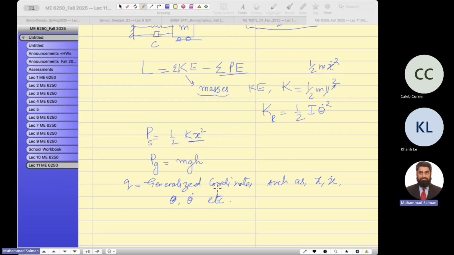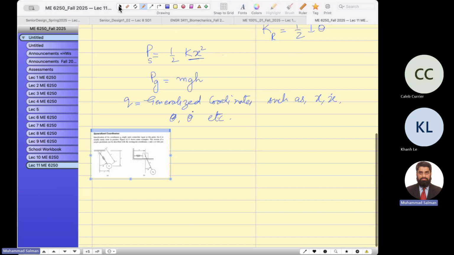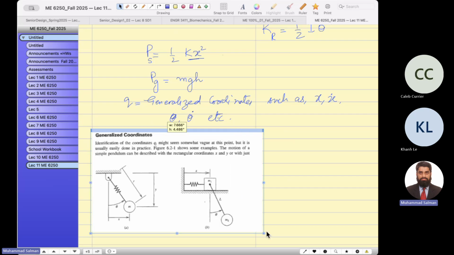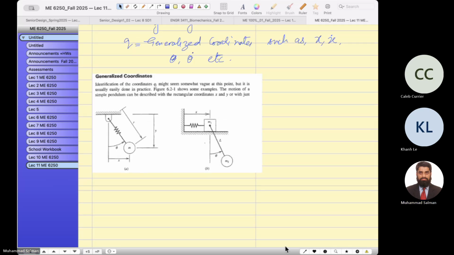Let me show you a picture of generalized coordinates, which will tell you how we analyze that the motion of a particle or a mass can be completely defined by the generalized coordinate. In the left side figure, you can see that the generalized coordinate is theta. Although we have rectangular coordinates to completely define the motion of this pendulum, I would say replace x and y by theta.